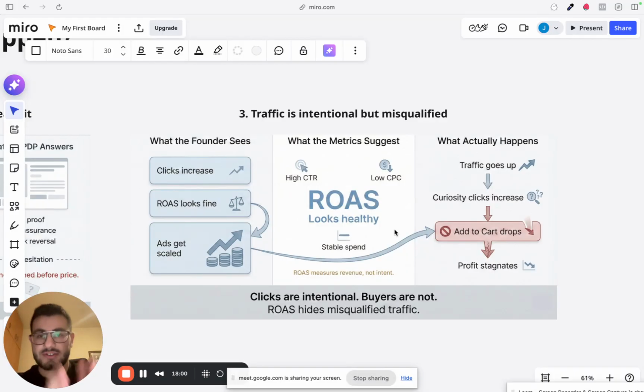So here the traffic is intentional, but it's misqualified. What the founder sees, they see what you see. You see clicks increasing, you see the ROAS is fine, and you scale the ad, okay? You get a high CTR, a low CPC, your ROAS looks healthy, and you have a stable spend. But the ROAS measures revenue, it doesn't measure intent, okay?